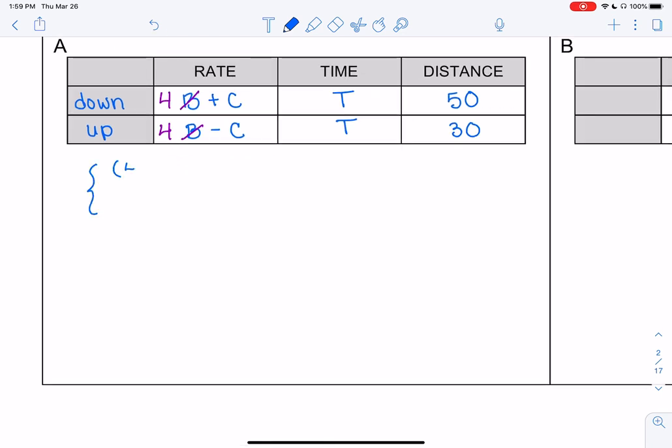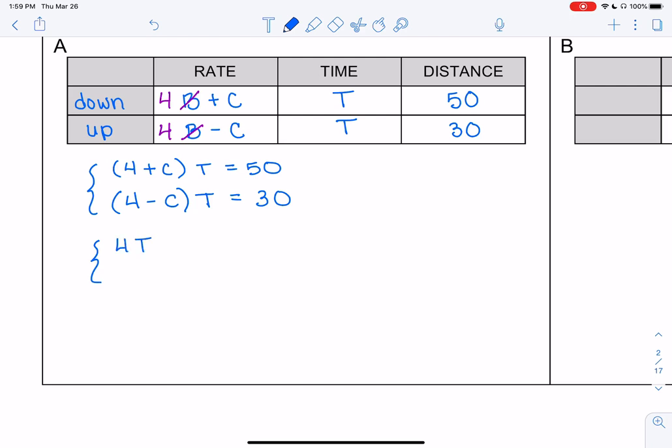Okay, so my system of equations start off with 4 plus C multiplied by T equals 50. 4 minus C multiplied by T equals 30. All right, and then I'm going to distribute the T across both.